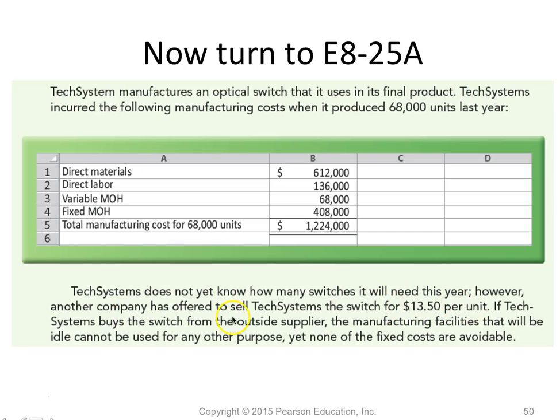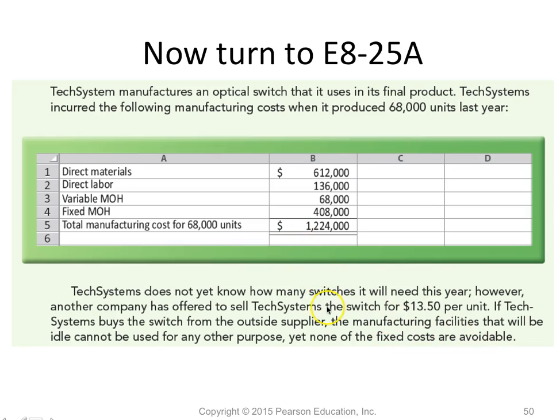The company does not know how many switches it will need this year. However, another company has offered to sell the company the switch for $13.50 per unit. If the company buys the switch from the outside supplier, the manufacturing facility will be idle and cannot be used for any other purpose, and none of the fixed costs are avoidable.